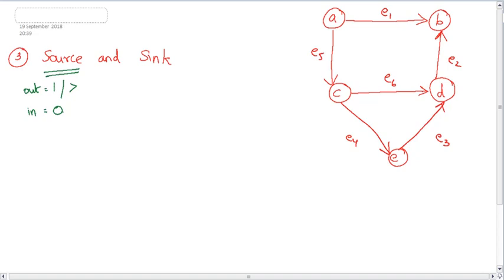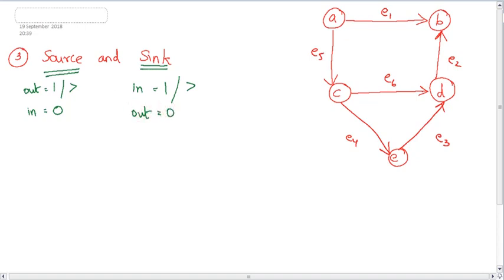If there are no edges coming towards the vertex, and one or more edges leaving from the vertex, we call that a source. Next is sink. As you can understand from the word, it just sinks. The edges just sink. A sink is a vertex that has only in degree edges, nothing but the in degree is 1 or greater and the out degree is 0.